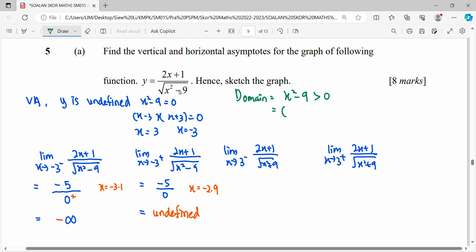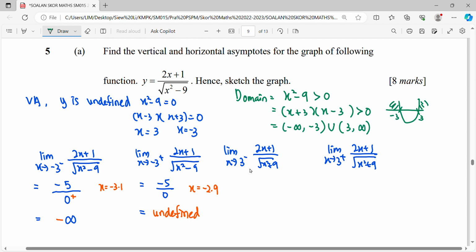So the domain indicates where your graph exists. The quadratic has roots negative 3 and 3, and we need it more than 0. So your domain only happens from negative infinity to negative 3, not included, then 3 to infinity. That's why when we approach negative 3 from the right hand side, the graph is undefined. It is not in our domain.